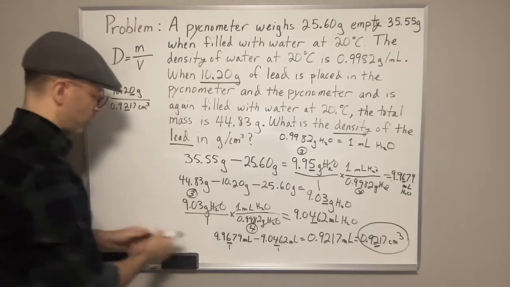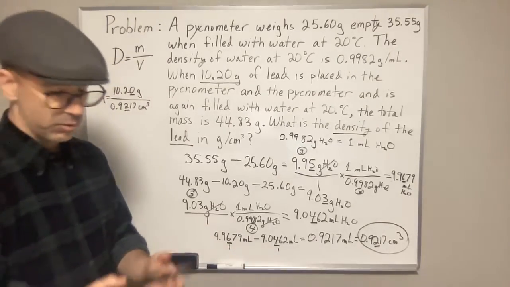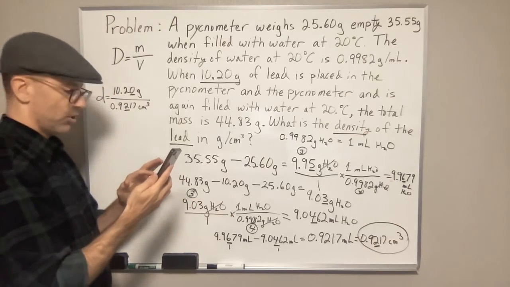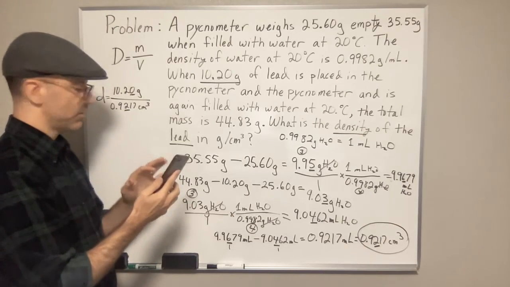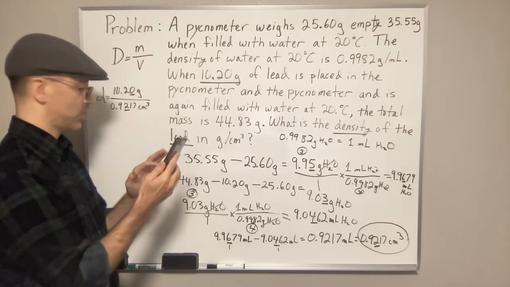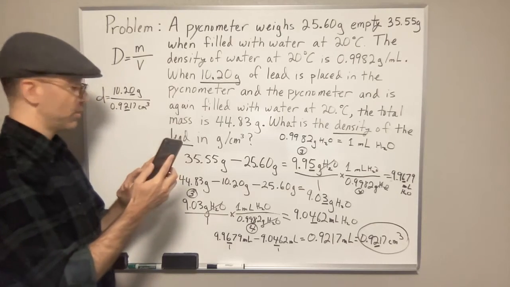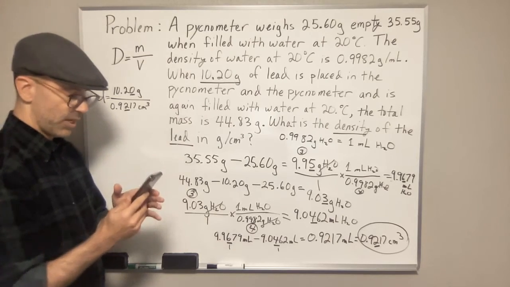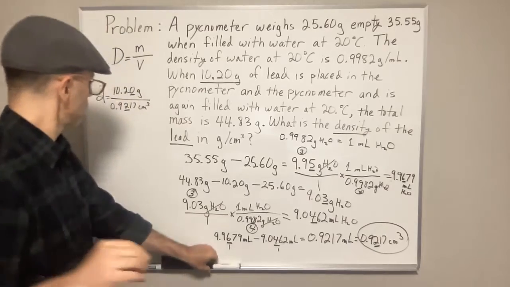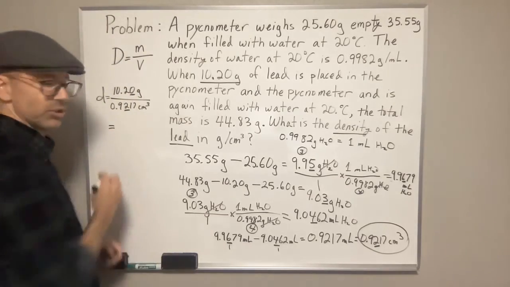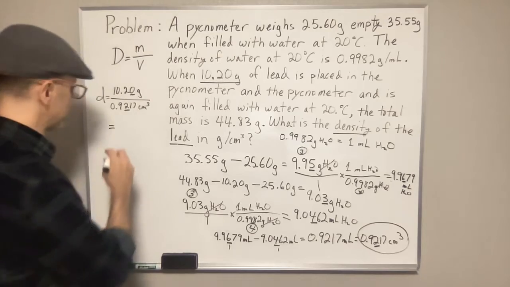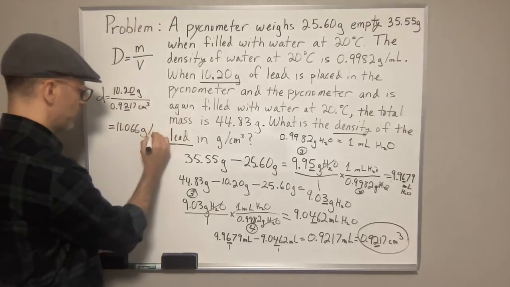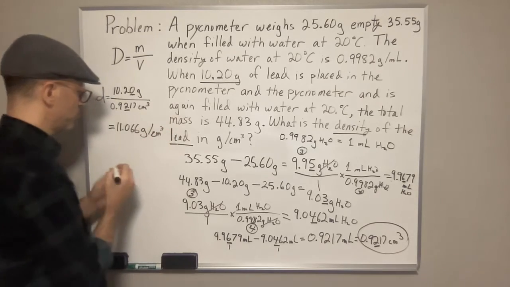So now we just need to calculate. We'll divide: 10.20 grams divided by 0.9217 centimeters cubed equals, and we get 11.066 grams per centimeter cubed.